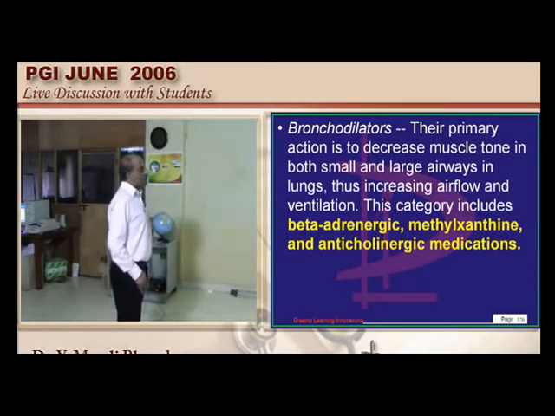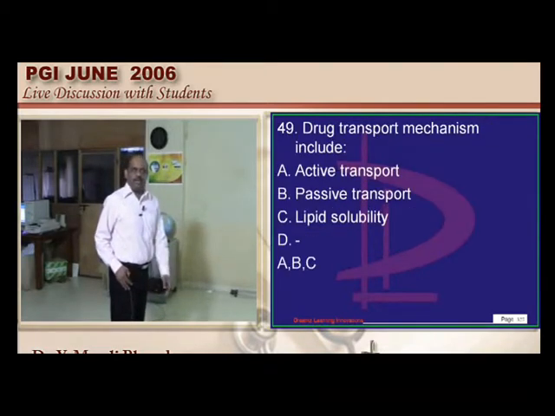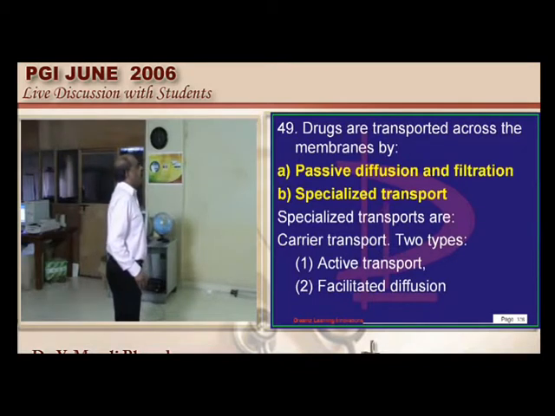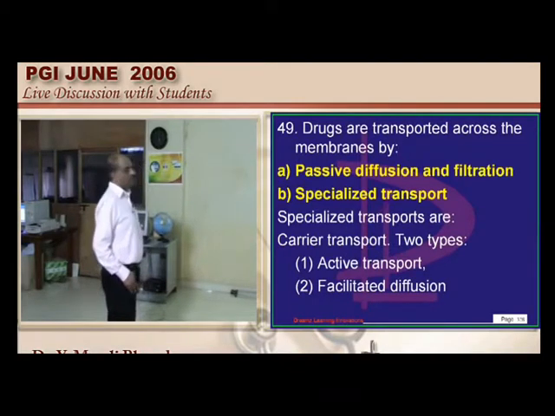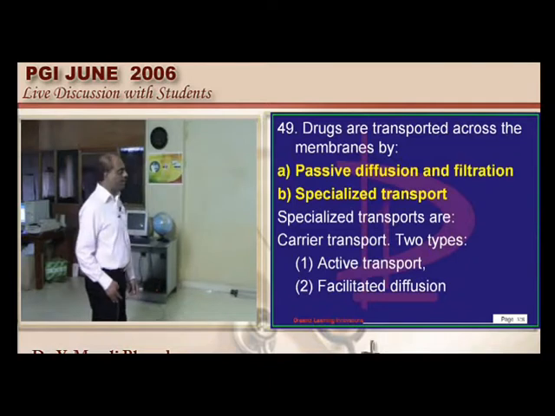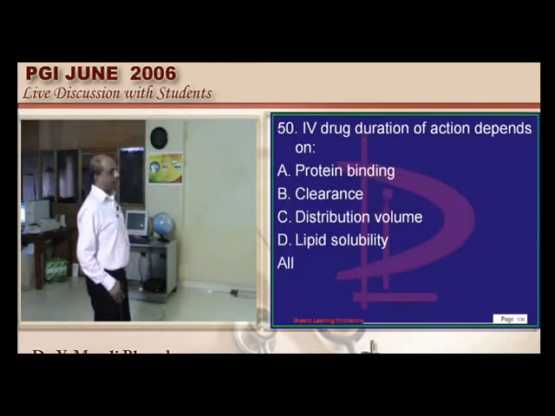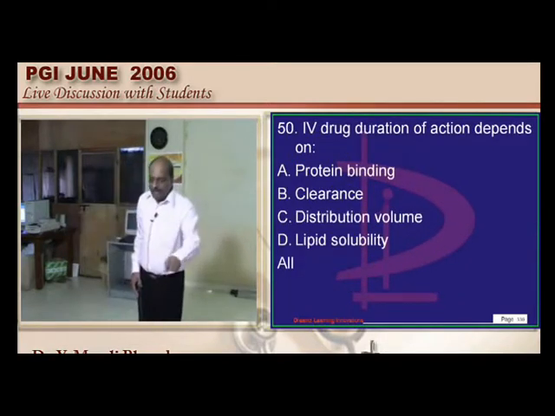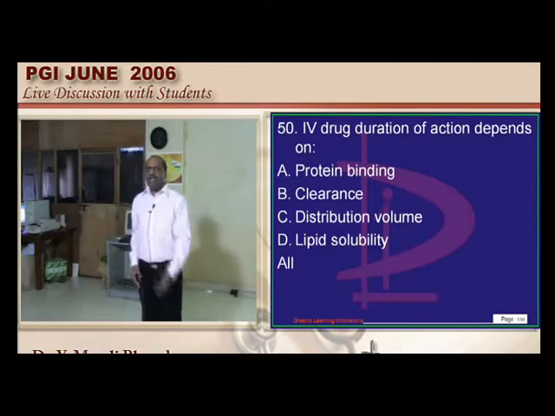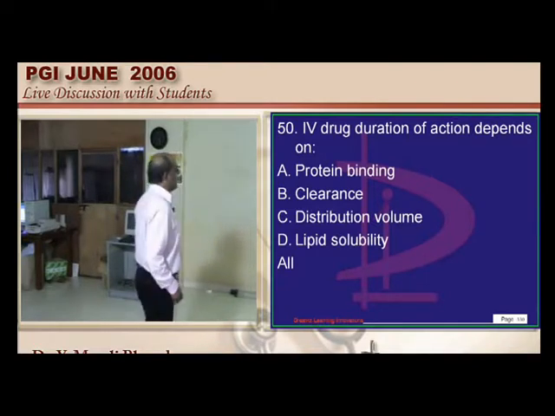Now the drug transport, is it passive or an active phenomenon? It can be passive with a diffusion, or it can also be a facilitated diffusion, or even an active transport is what has to be remembered. If you give an intravenous drug, the duration of action of it, what are the important factors that decide it?